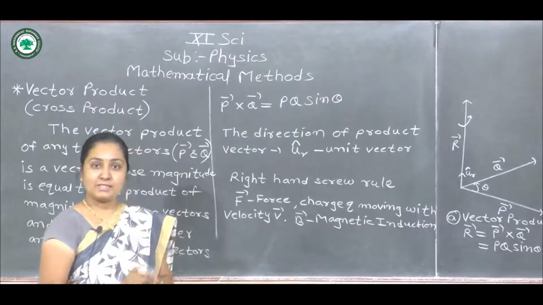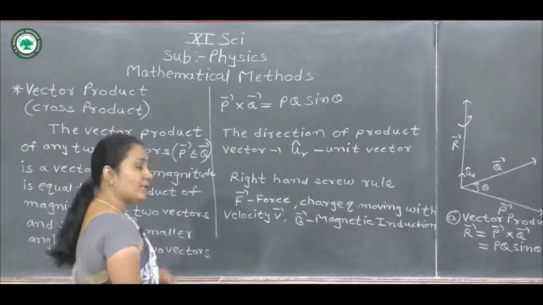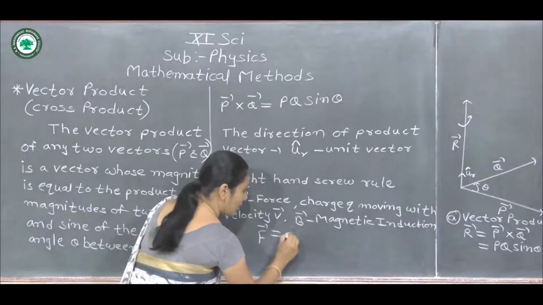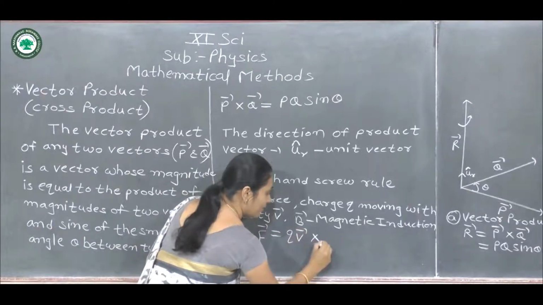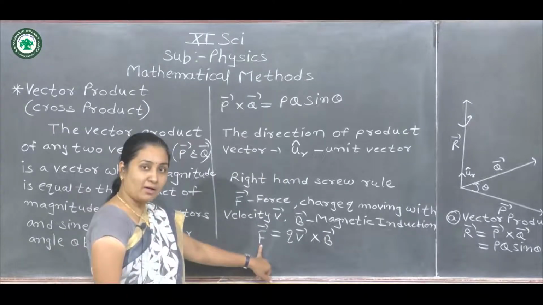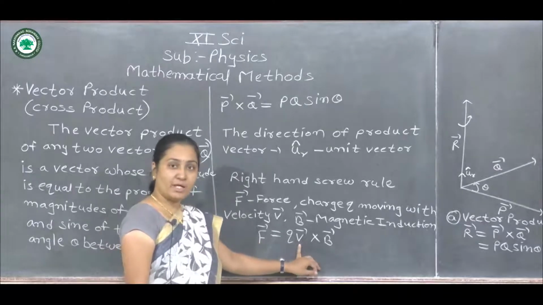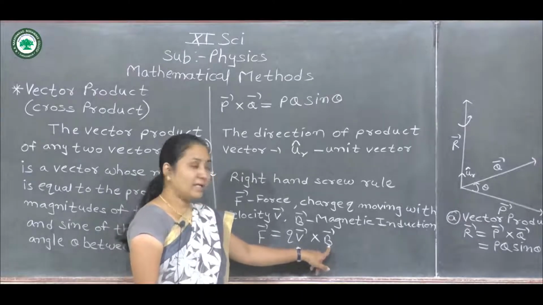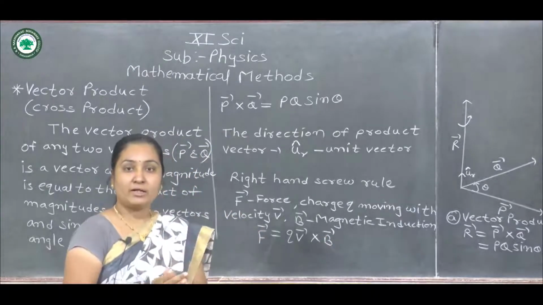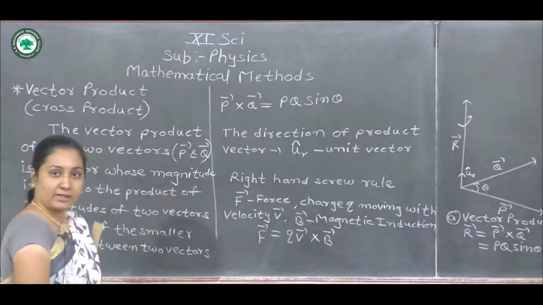Then in this case we have to find the vector product or cross product. The force F bar is given by Q V bar cross B bar. So this is the force F bar on a charge Q moving with velocity V bar in a magnetic induction B bar. This is the general example of vector product related to physics, and this is the definition of vector product.